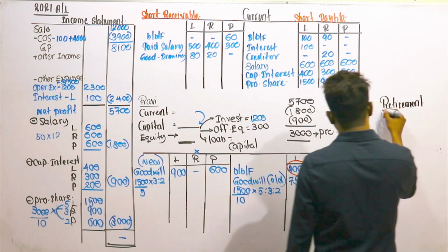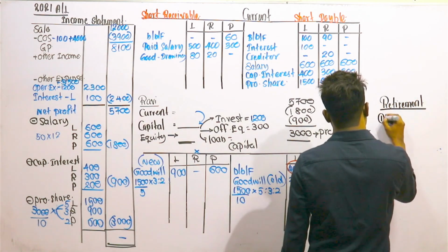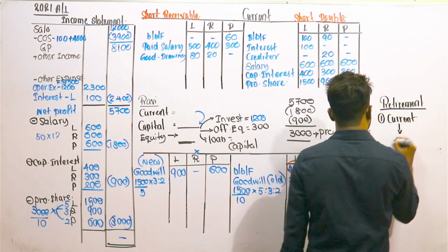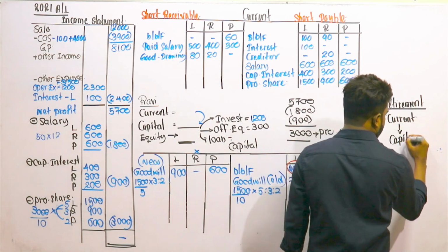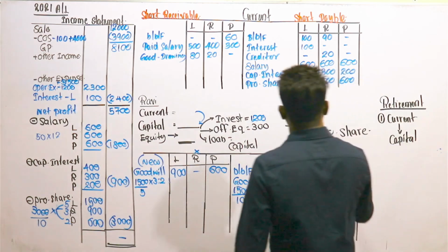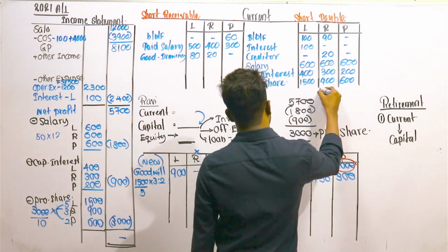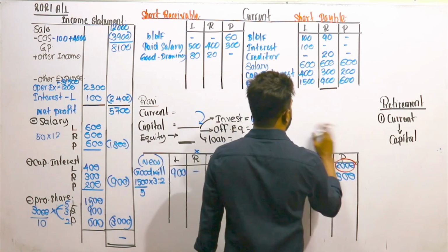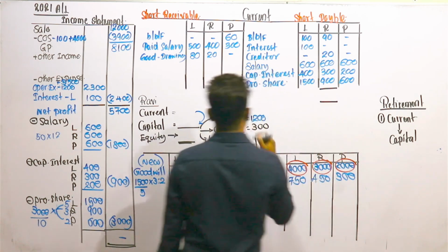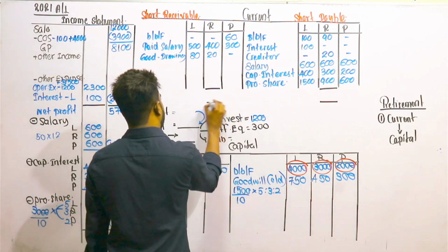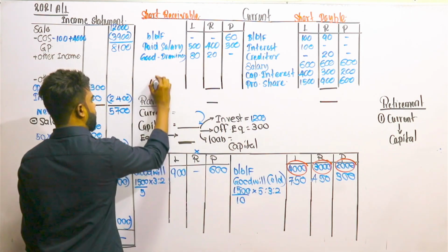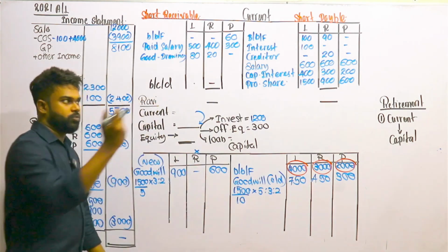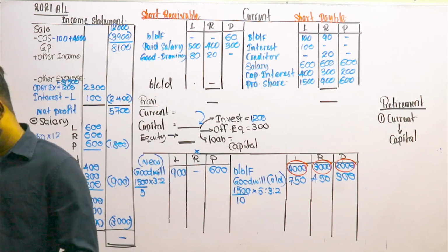First step, calculate the current account balance and transfer to capital account. Ravi is retired. Get the balance of Ravi's current account. Don't bring it forward. Not going to carry it down. Other two partners you can carry it down.